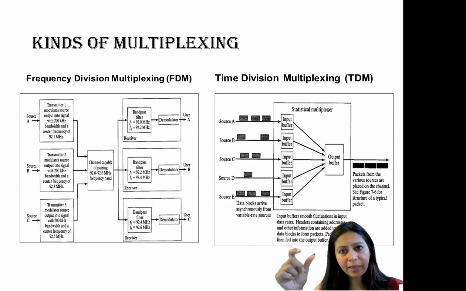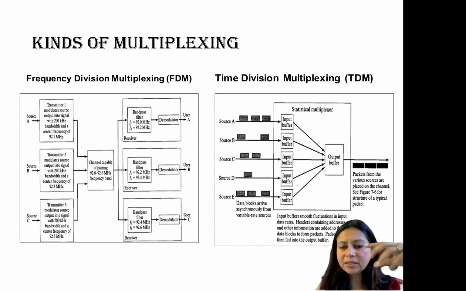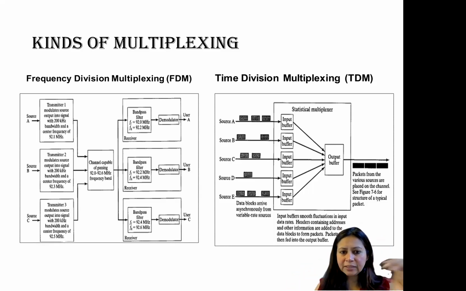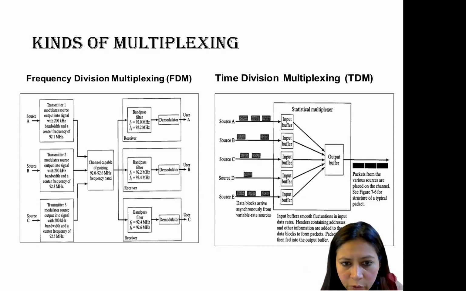Remember modulation, piggybacking. You modulate on 3 different carrier signals with 3 different frequencies. You club these 3 modulated signals onto this one channel, okay, passing through this 92.0 to 92.6 megahertz frequency band.